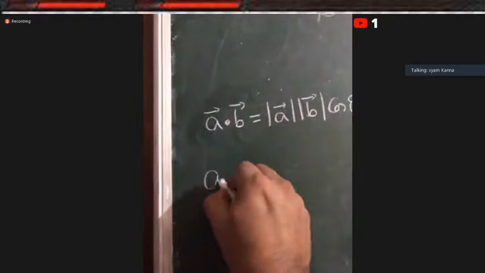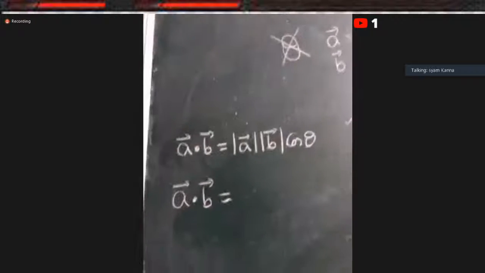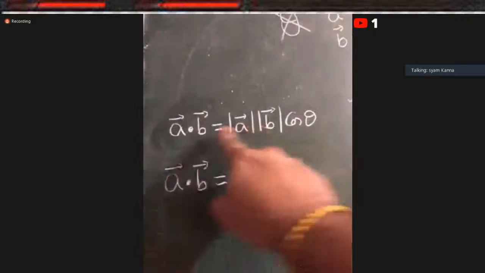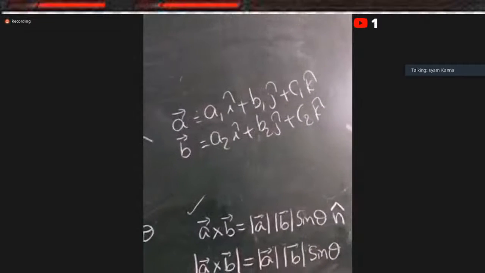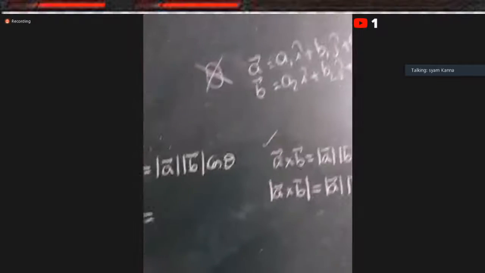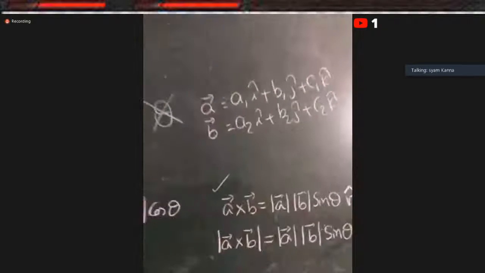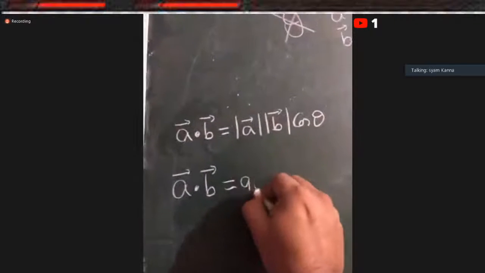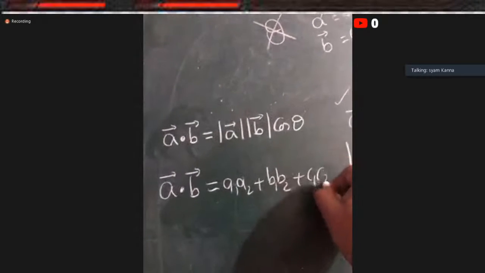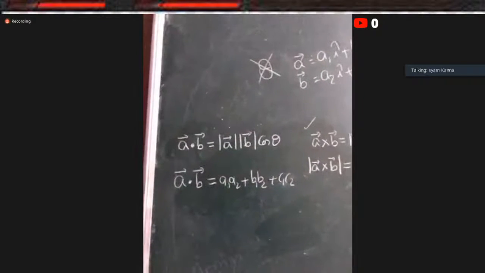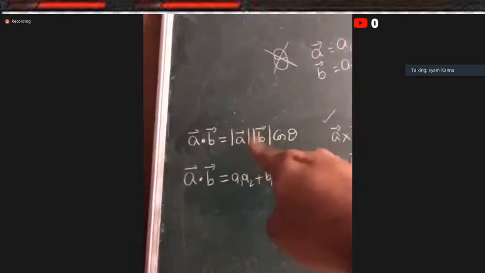Then A bar dot B bar, second formula for dot product. First formula is when angle is known, you can use it. When angle is not known to you and both vectors are clearly given, then A bar dot B bar is A1 A2 plus B1 B2 plus C1 C2. With the help of this you can find. These are the two formulas for finding dot product.